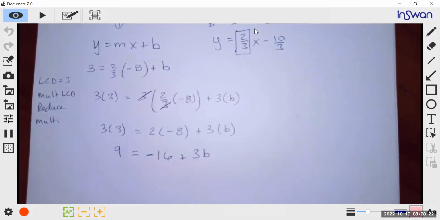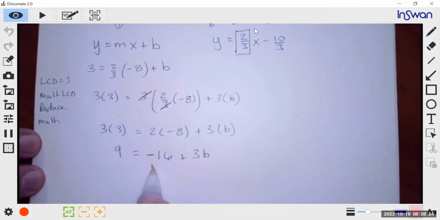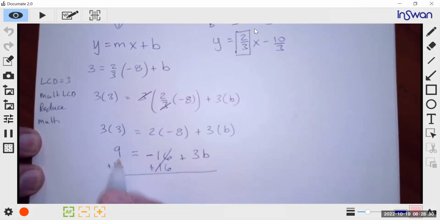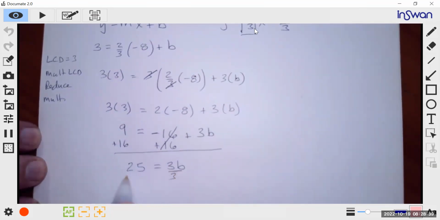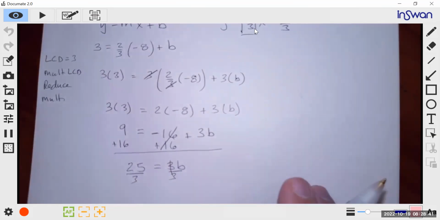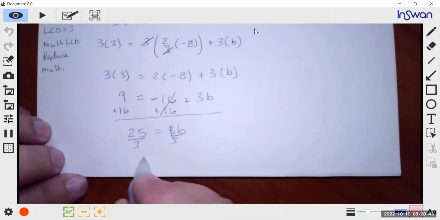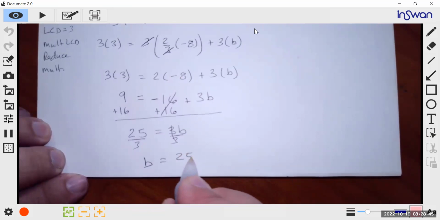Solve for b. 16 plus 9 is 25. Divide by 3. B is equal to 25 over 3.